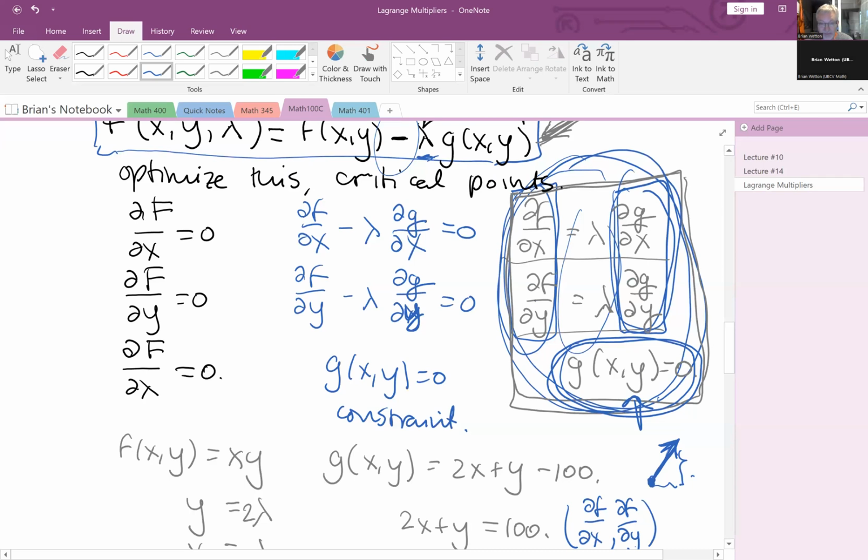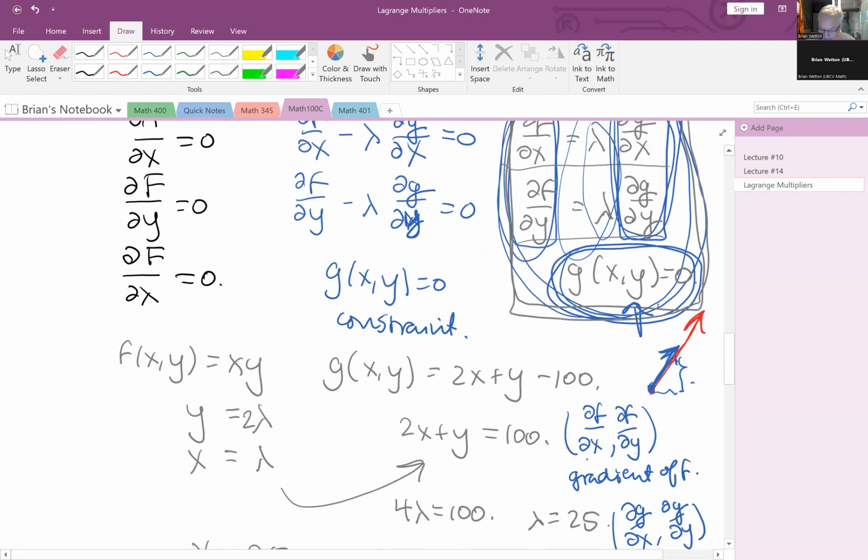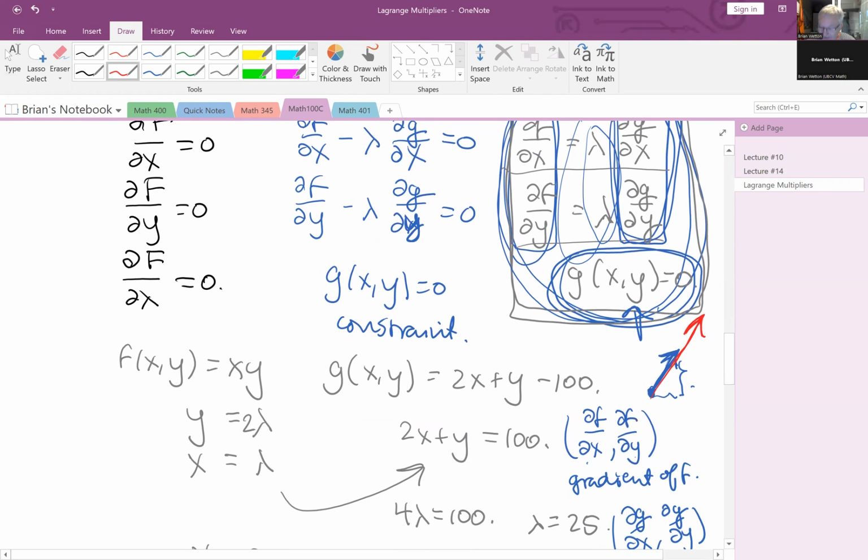This vector direction being a constant multiple of this vector direction means they're not the same value, but they point in the same direction. Or if lambda is negative, then they point in the exact opposite direction. But if you think of a direction as being a line through this point, then you can say that they point in the same direction, even if lambda is negative.